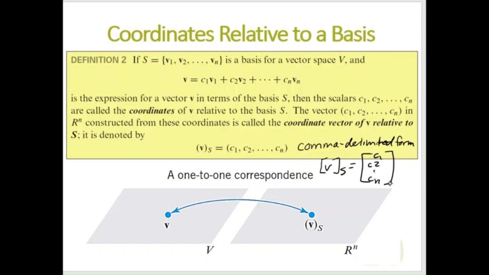And you're going to want to observe that v sub S is a vector in Rn, so that once an ordered basis S is given for a vector space V, this theorem, 4.5.1, which I showed you before, establishes a one-to-one correspondence between vectors in V and vectors in Rn. So keep that in mind as well. There is a one-to-one correspondence.